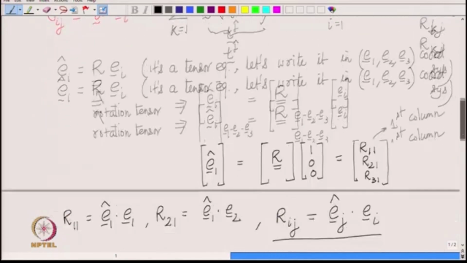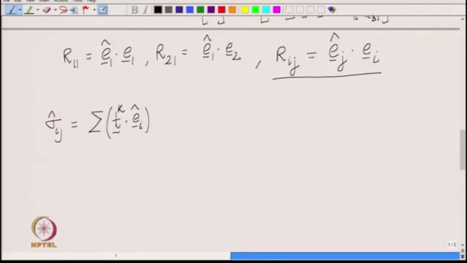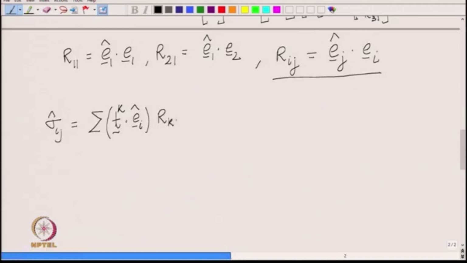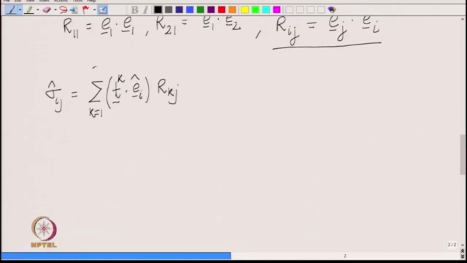So, let us write it there. This is Rkj for k equal to 1 to 3.